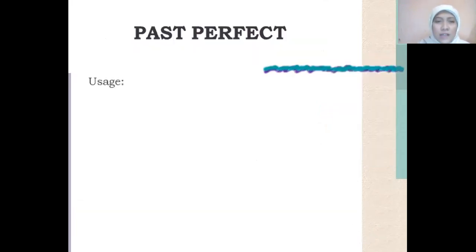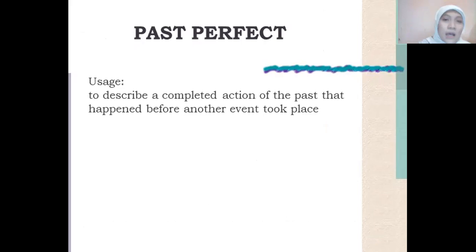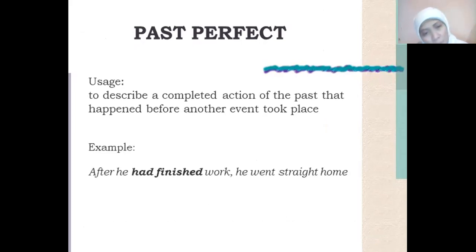So from that illustration, we can see past perfect tense is used to describe a completed action of the past that happened before another event took place. Let us see one more example here. After he had finished work, he went straight home.